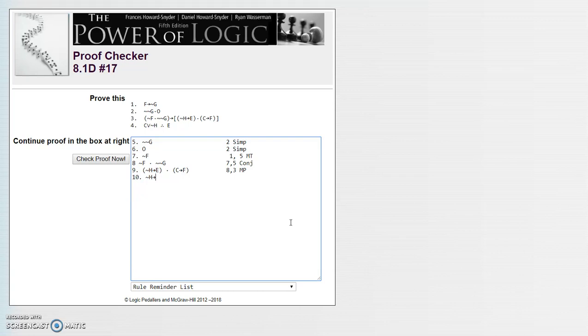So that just comes from 9 by simplification. Line 11, we can take this: if C, then F. That also comes from 9 by simplification.